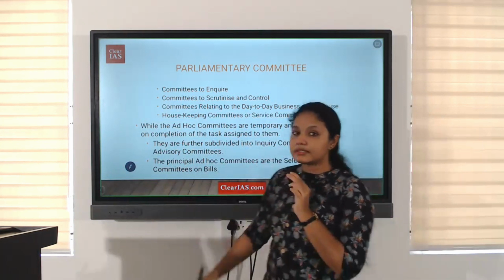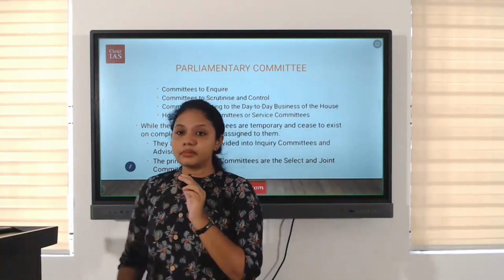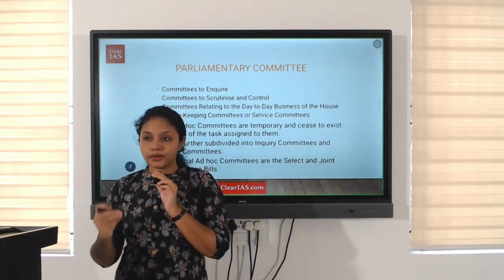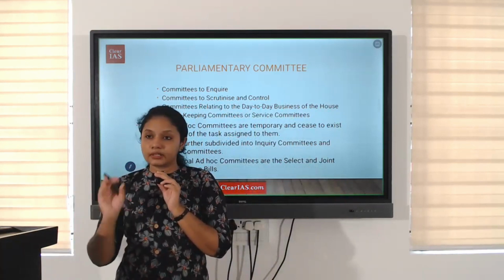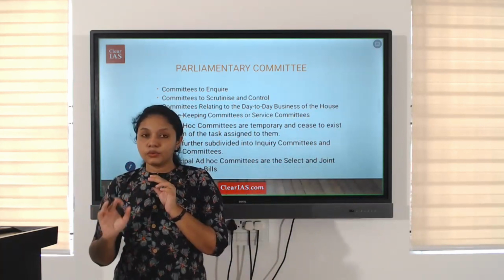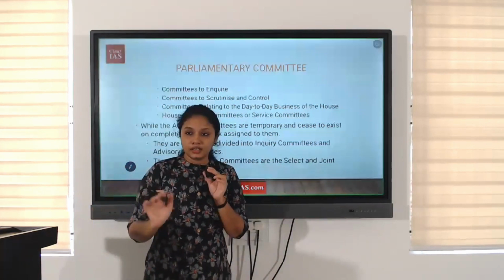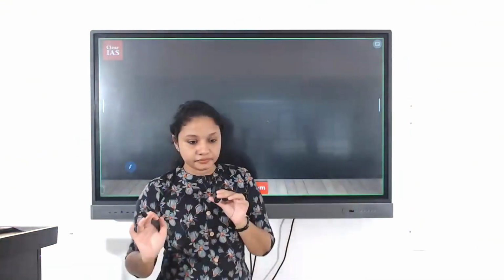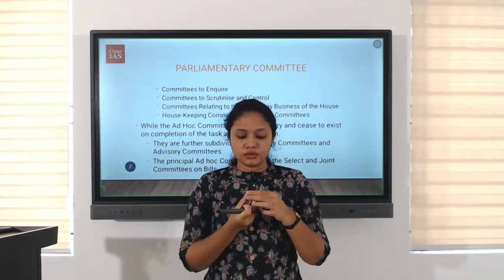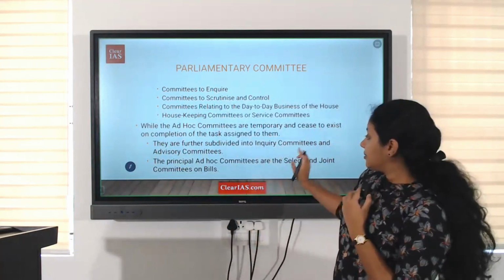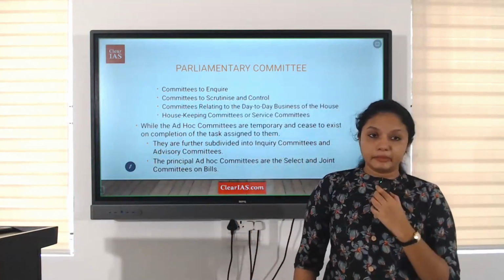Okay. The next one is ad hoc committee. Ad hoc committee means they are constituted on a temporary basis to perform a particular function. After their work is over, they will be dismantled. So they are further classified into inquiry committees and advisory committees.